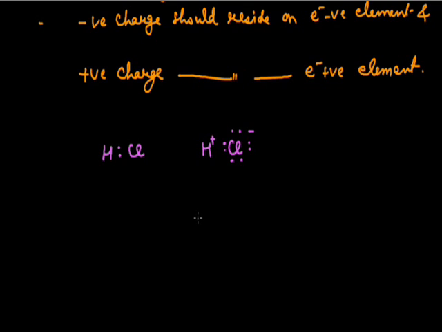But if we try to write the resonating structure like this, where hydrogen, the electropositive element, is holding the negative charge and the electronegative element chlorine is holding the positive charge, then this resonating structure is discarded and the correct structure would be the first one.